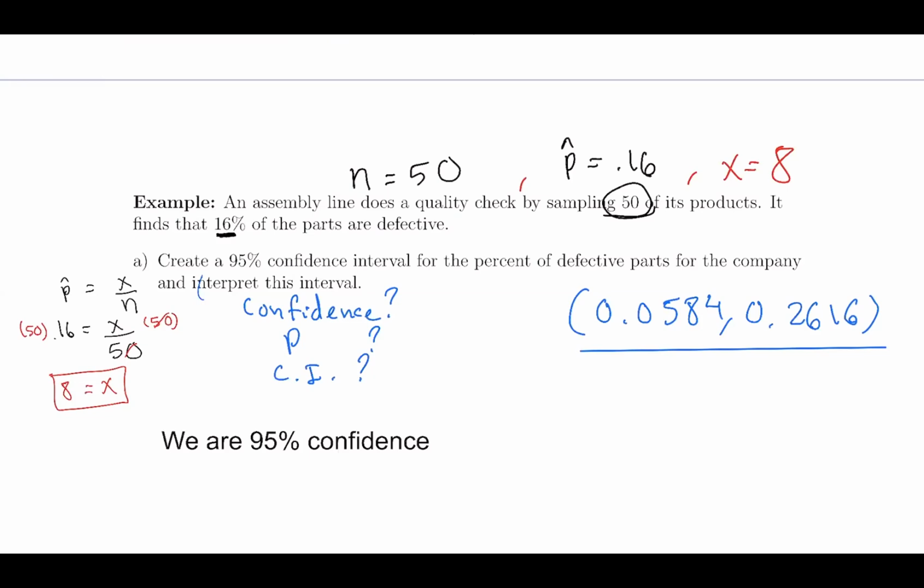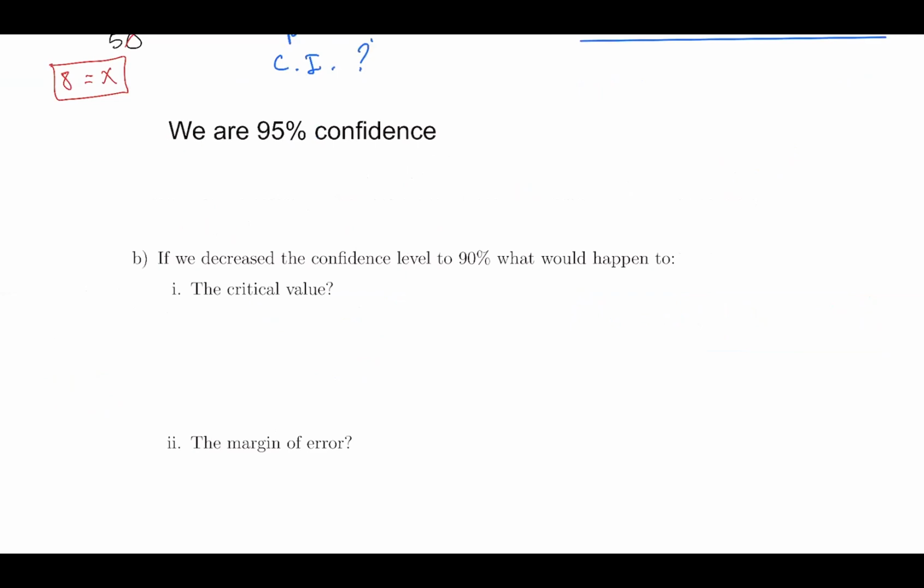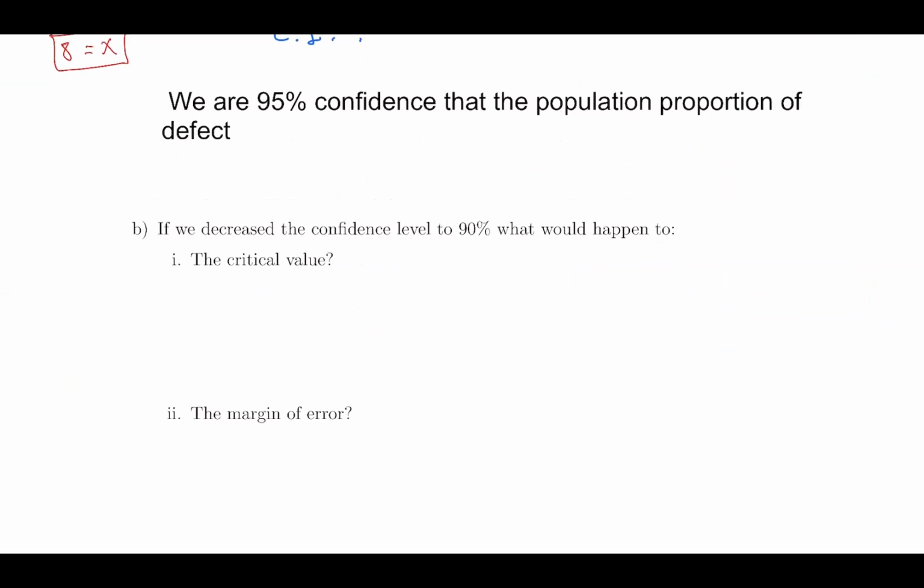So we're going to say we are 95% confident that the population proportion of defective items, because that's what P represents.